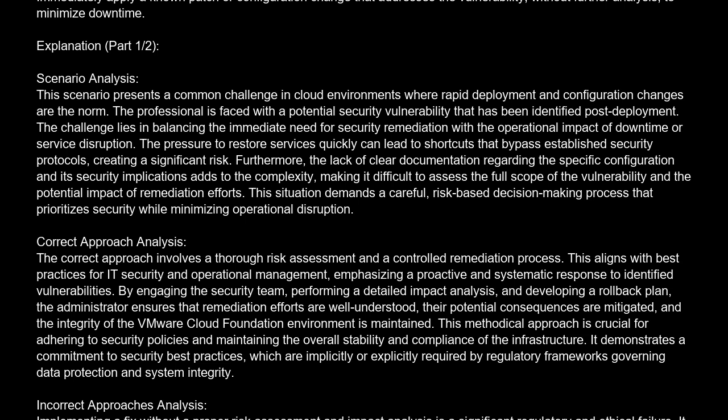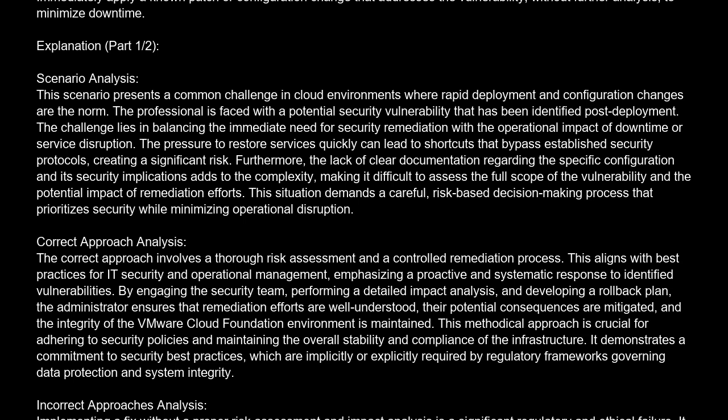This methodical approach is crucial for adhering to security policies and maintaining the overall stability and compliance of the infrastructure. It demonstrates a commitment to security best practices, which are implicitly or explicitly required by regulatory frameworks governing data protection and system integrity.